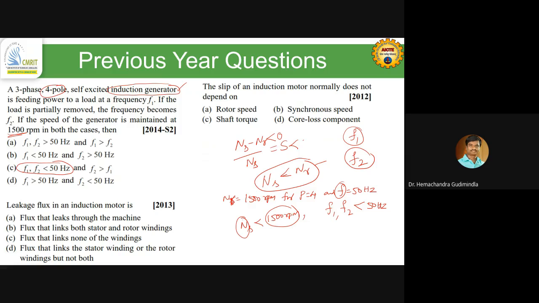Option c is, like here f1 is less than 50, f2 is greater than 50, this option is not correct. And here both are greater than 50, this is not correct. And f1 is greater than 50, not correct. So option c is correct, but we only checked one condition.